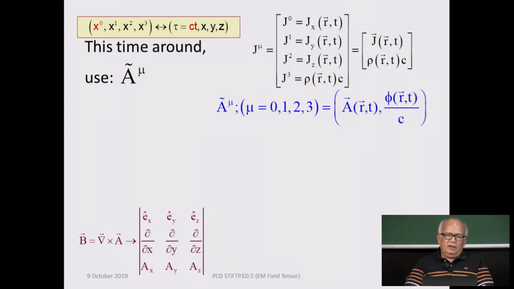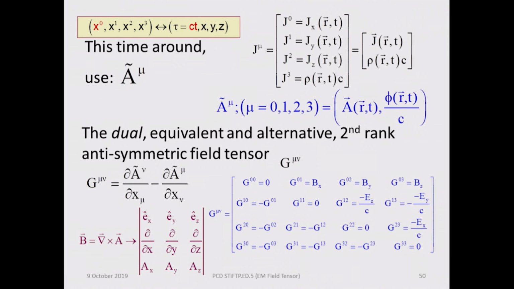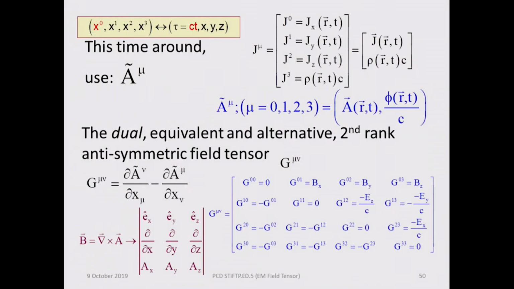And if you now take the dual equivalent field tensor, it is now defined in terms of the derivatives of the 4 component potential with respect to the coordinates, but the potentials are now the tilde components, which are the same as the previous one, but ordered differently. So, phi comes not as mu equal to 0, but as mu equal to 3. And then you have got the other 3 components.